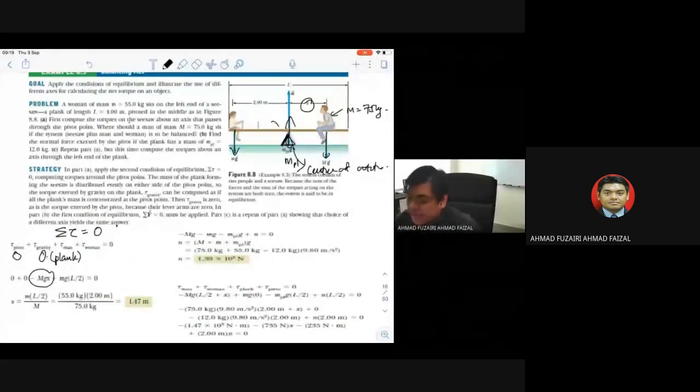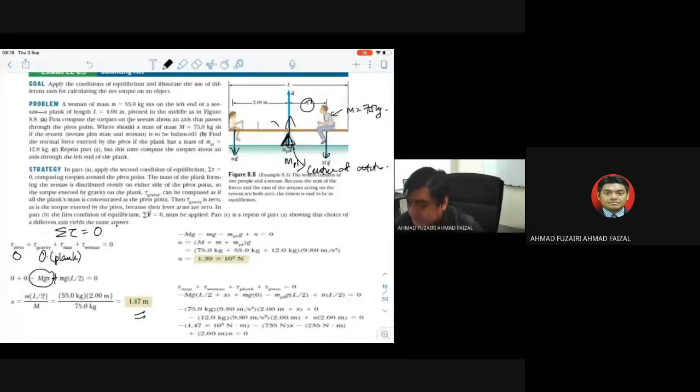L bahagi 2 jarak dia ataupun 2 meters. Either one boleh, sama ada nak guna L ataupun nak gunakan 2 meters straight away. So mg kali dengan 2 meters. So mg tu kalau kita tengok direction dia must be counterclockwise, so dia akan dapat positif. Okay, equivalent to 0. So from this you can get x equals 1.47 meters.